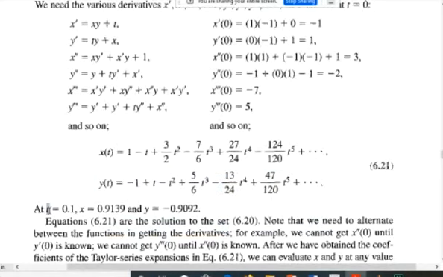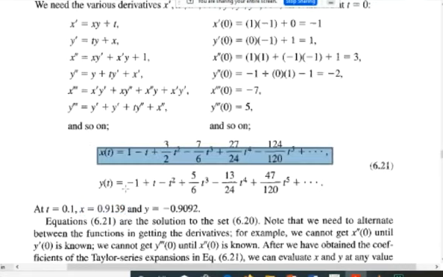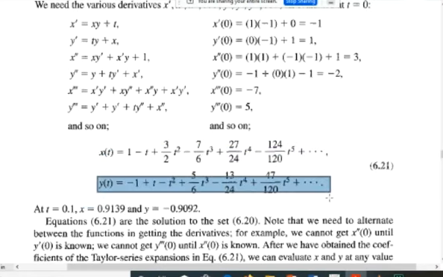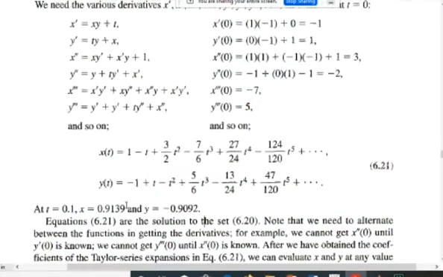By taking t as 0.1, we can compute the value of x from this formula, and the value of y at this point from this formula, and x is 0.9139, and y is minus 0.091992.